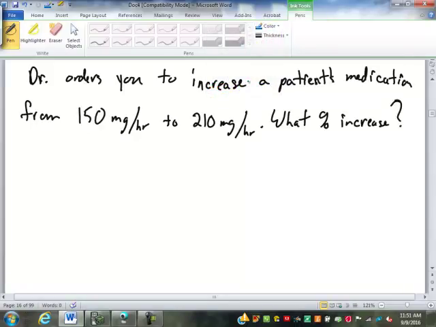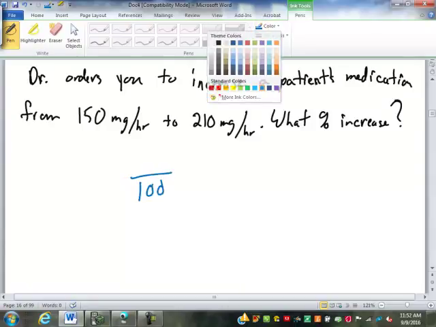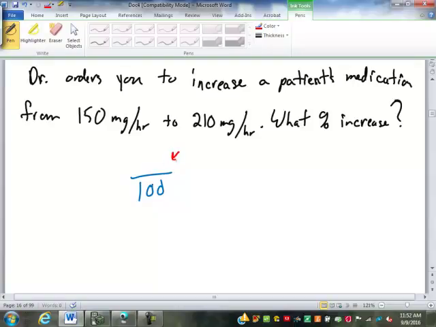So I've said that we always start with a percent. Here, are we given the percent? No, we are not. So we're going to do blank over 100. We have to ask ourselves, though, if we had that percent, what would it represent? Perfect, the increase.